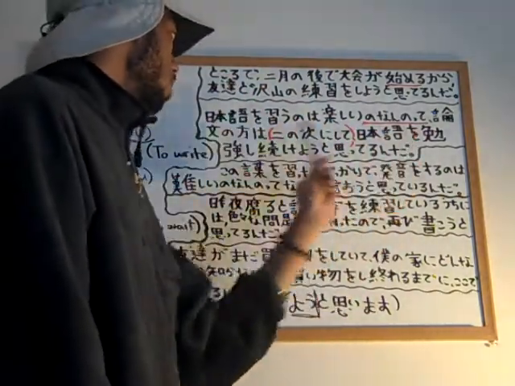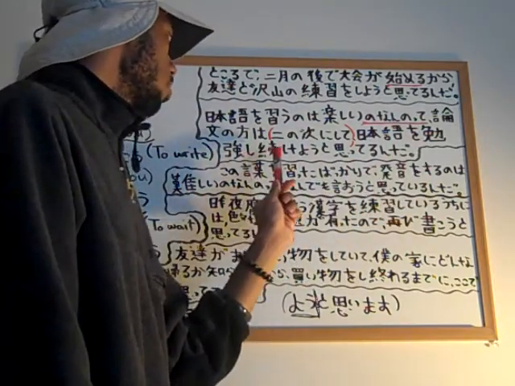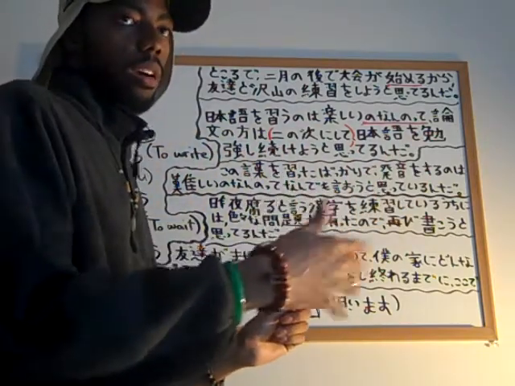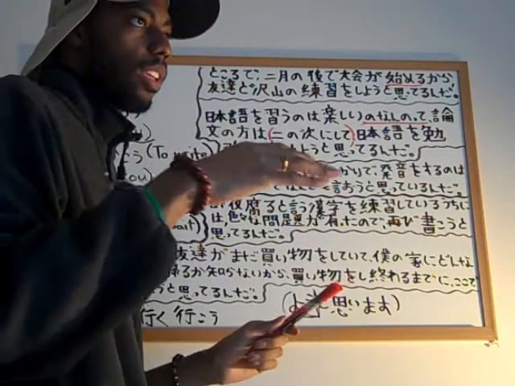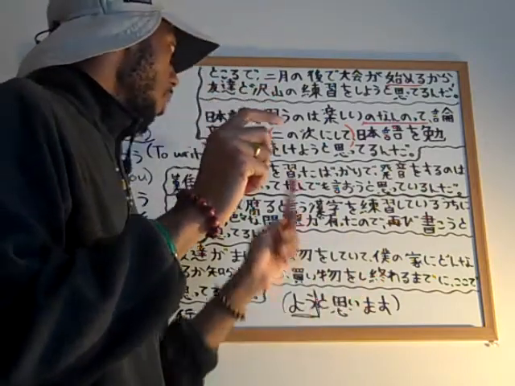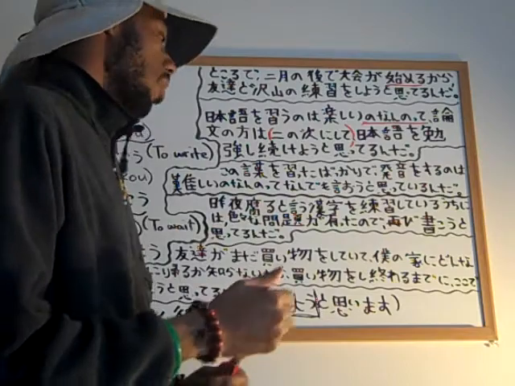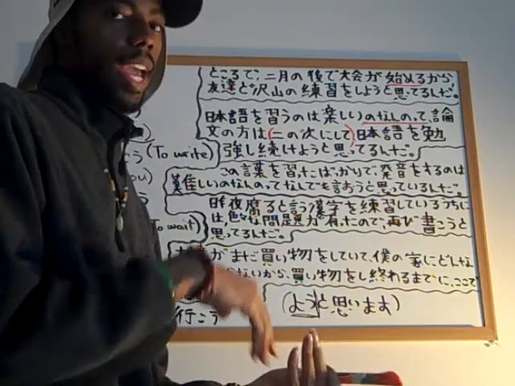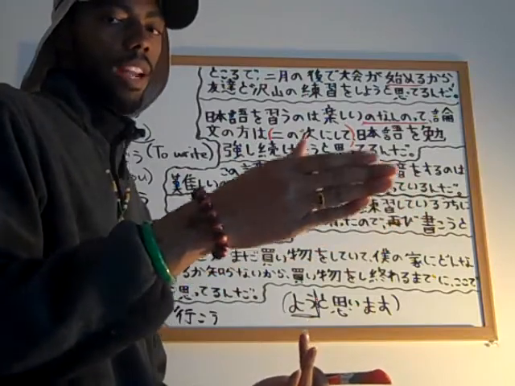So 日本語を勉強し続ける. When you say 勉強し続ける, that means to continue studying. 勉強する is to study, and 続ける means to continue. This is called masu stem, or masu form in Japanese. When you break off the masu and add tsuzukeru, certain words fall into this category.